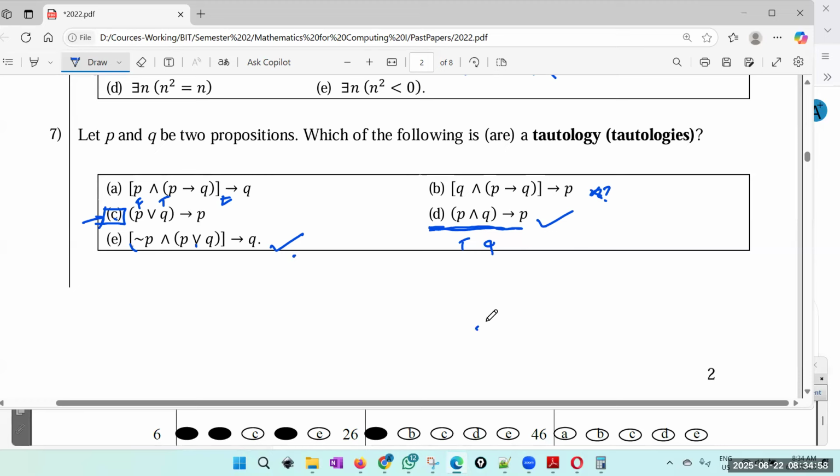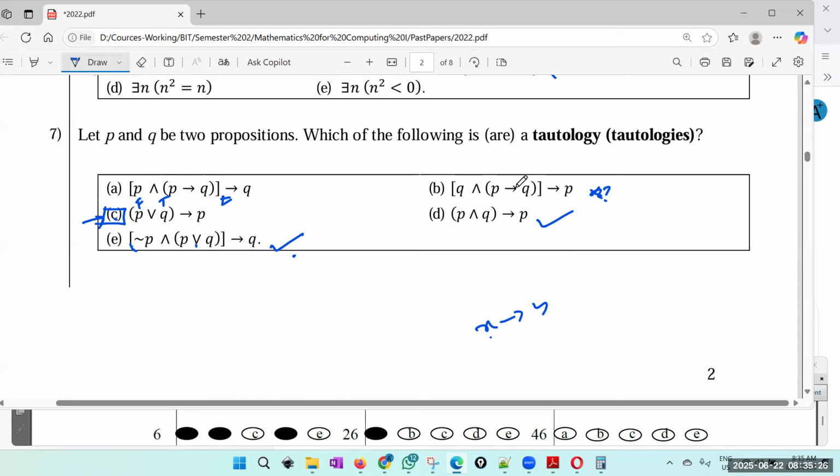So X implies Y means when X is true, Y is true. But if Q is true, this statement is also false, right? Yes, sir. Okay. So therefore, we look at the situations where this is true. What I'm looking at is whenever this is true, can we always say that this is true? Okay. Got it, sir.